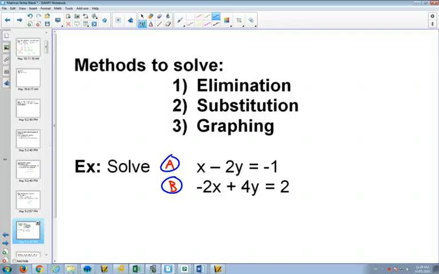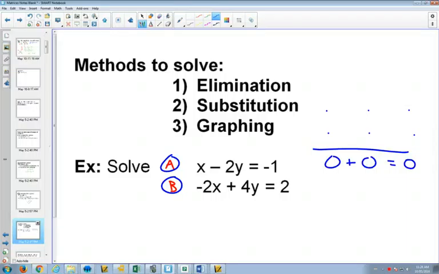For those of you that were using elimination, you probably multiplied the first equation by 2, and when you eliminated, you set up your equations A and B, and you got this. Okay?